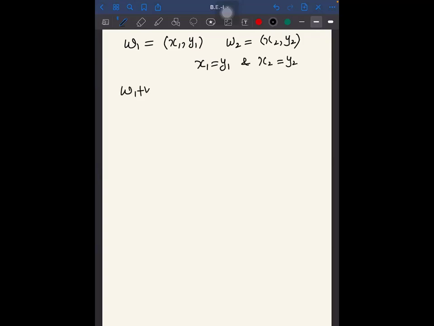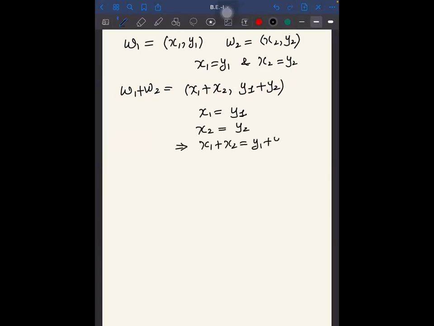Now if you take W1 plus W2, that will be x1 plus x2 and y1 plus y2. Tell me, will this addition fall in W dash or not? It will. Why? Because abscissa and ordinate should be the same. Because x1 is equal to y1 and x2 is equal to y2, if you add these two sides, this will also hold.